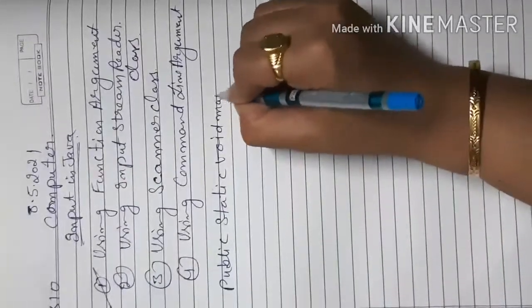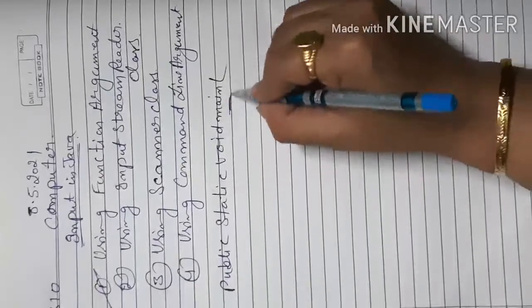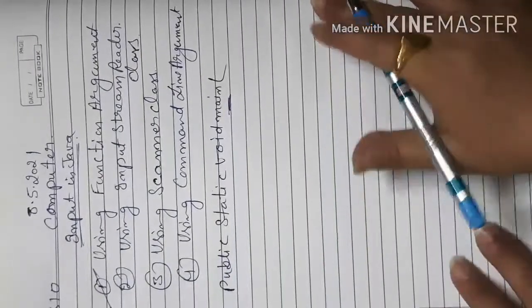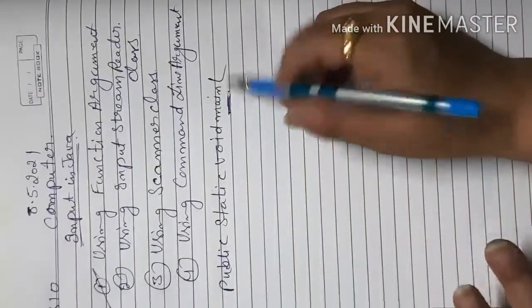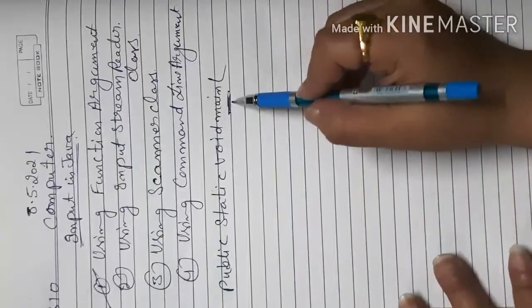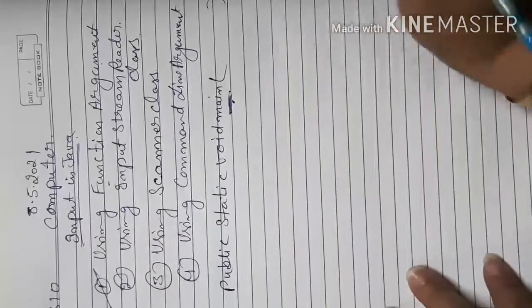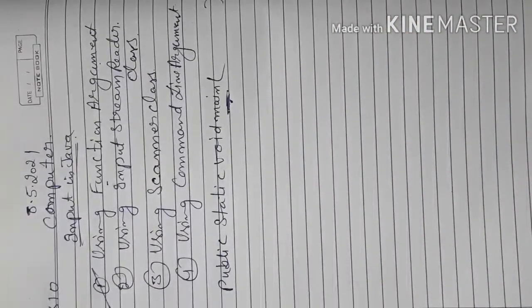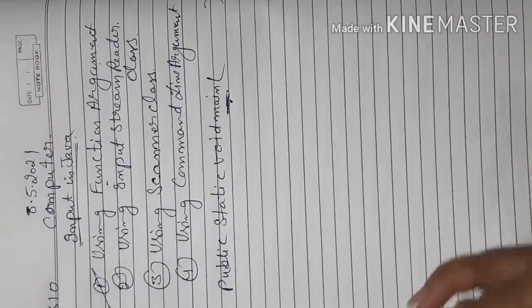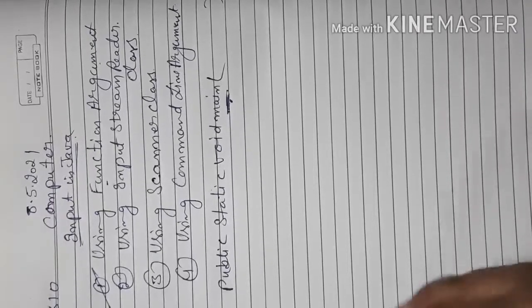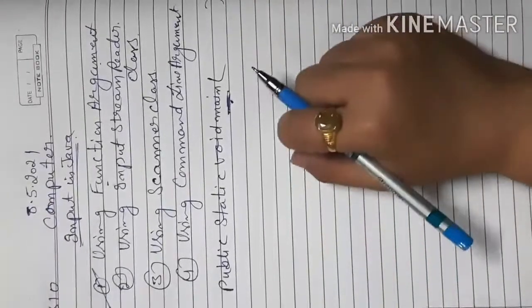I told you before in the videos that this is my function. So main is not a reserved word. This is my function, and whatever is written in this bracket, that is the argument. So if we want to give some data, instead of writing it in the program, we write it here.